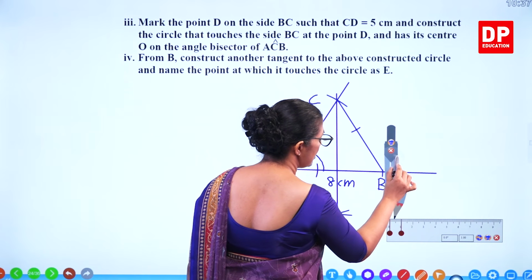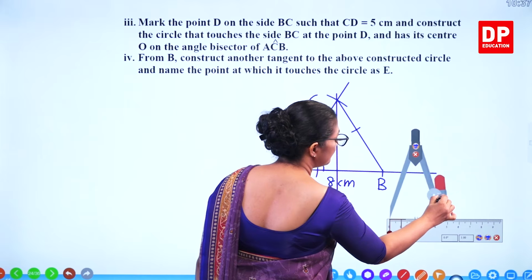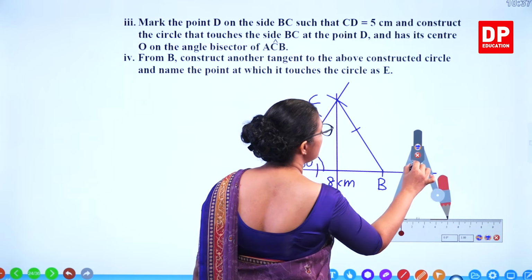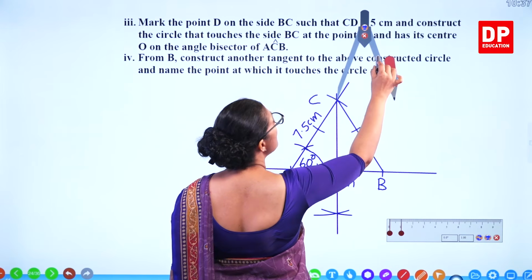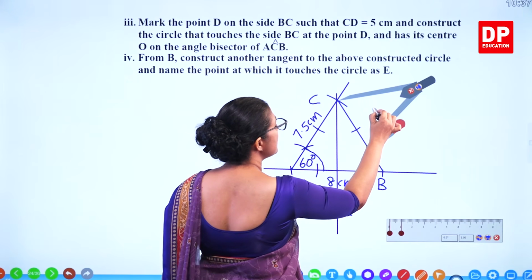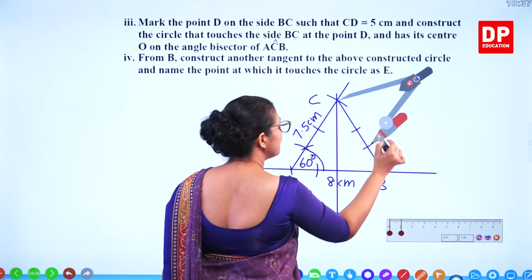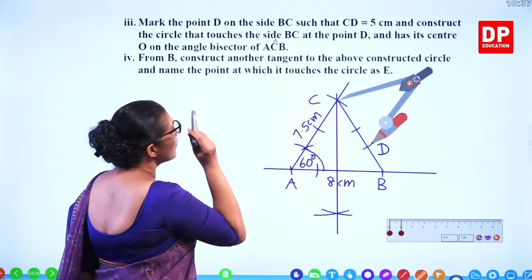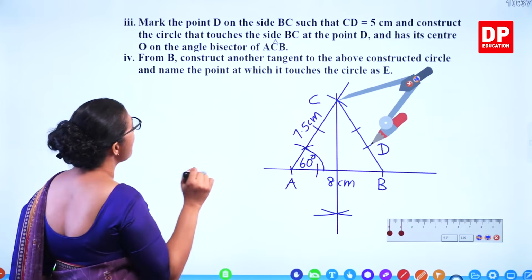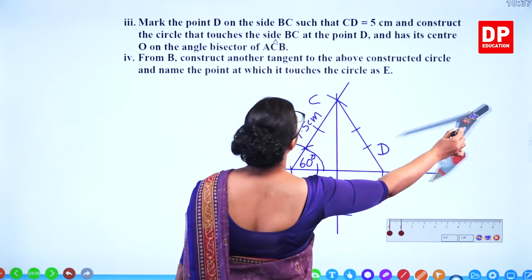You can keep on top of C point and mark the D point. That's 5 centimeter length. So this is D. Then what's the next step?